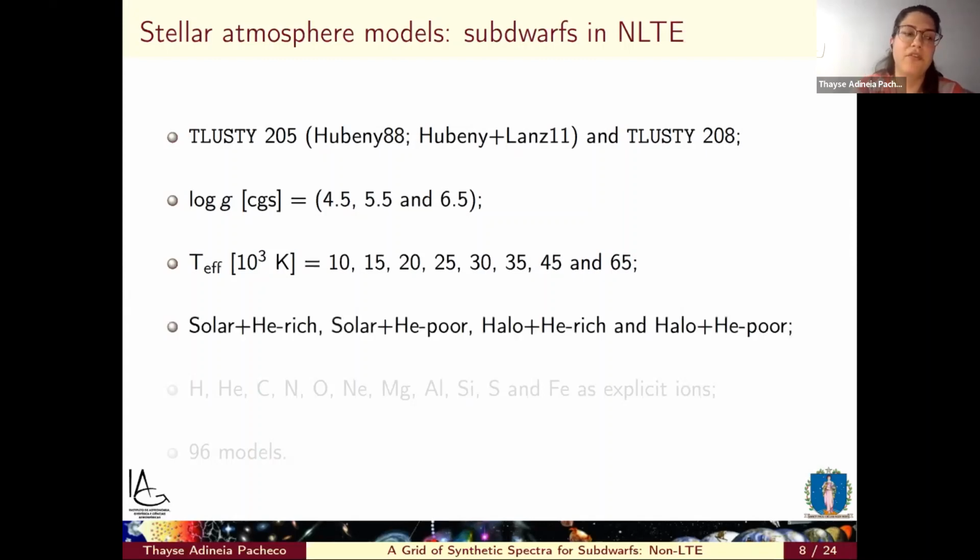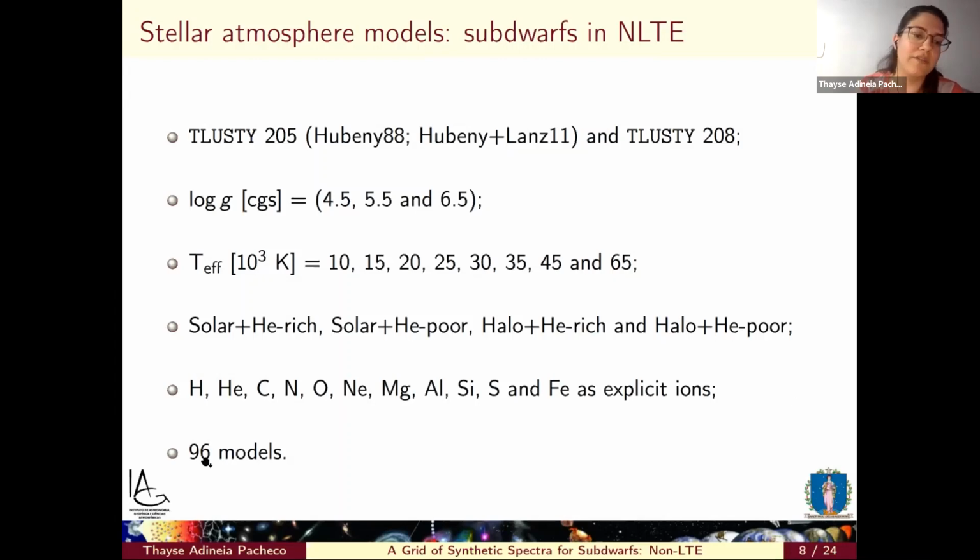We have 4 abundances, choosing 2 metallicities, solar and galactic halo metallicities. I also included all these ions as explicit ions to contribute to the opacity of the atmosphere. In total, we have 96 models.